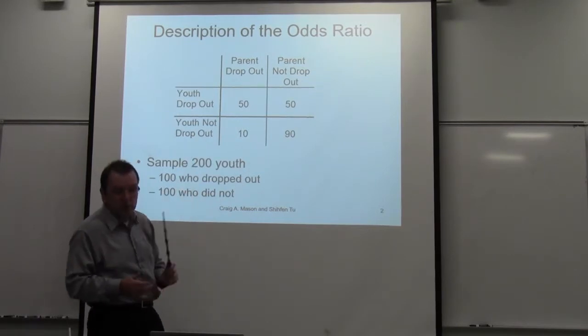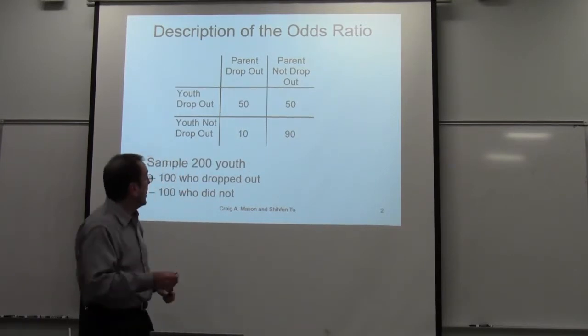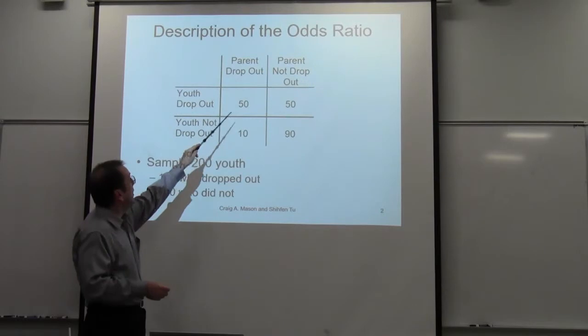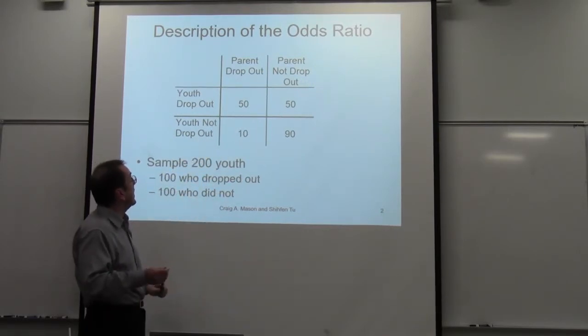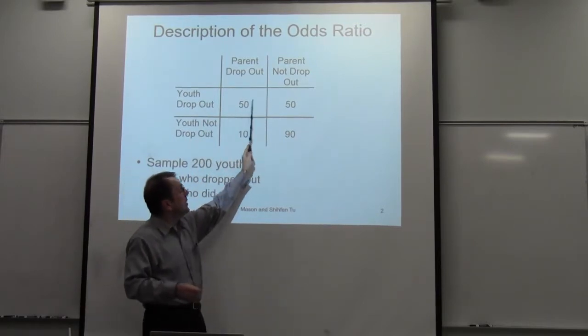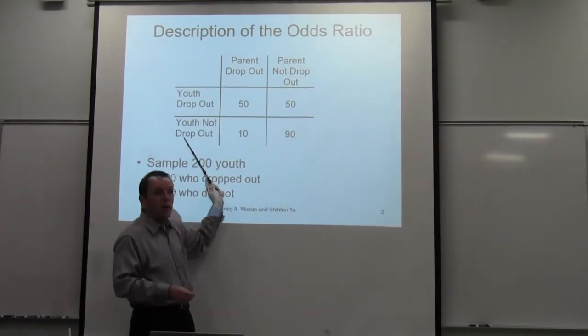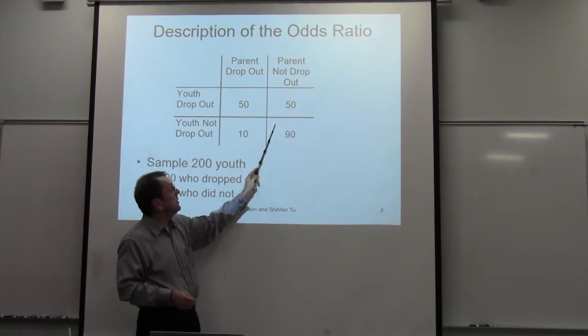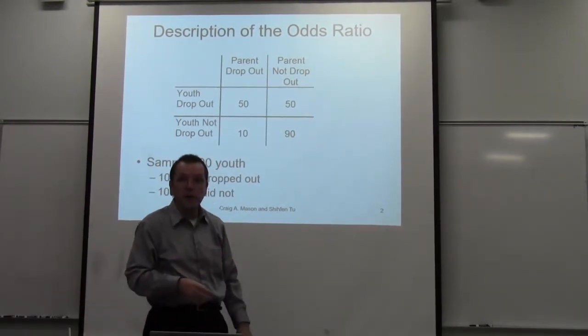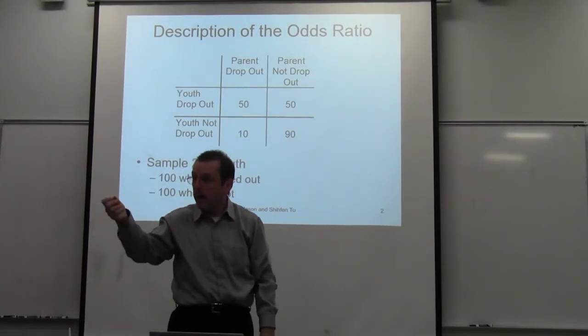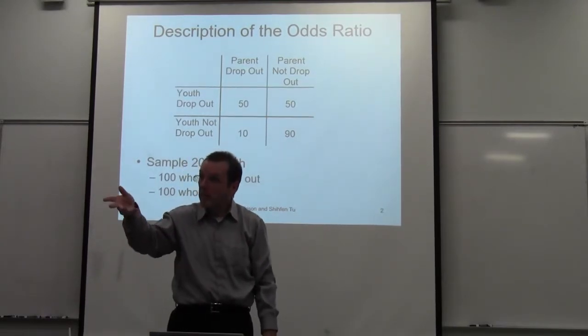Let's say that I've sampled 200 youth: 100 kids who dropped out and 100 kids who did not drop out of high school. I've gathered information from them: did their parent drop out of school as well? Did their parent complete high school?